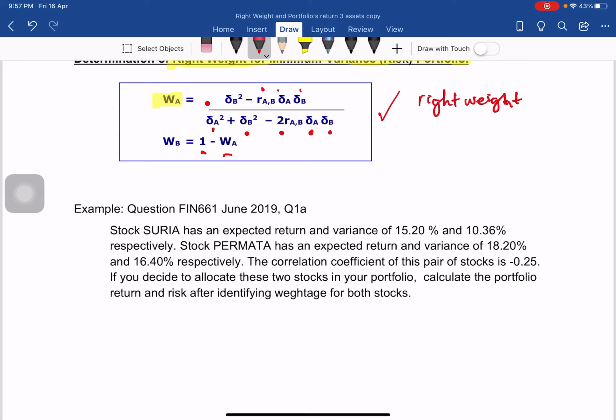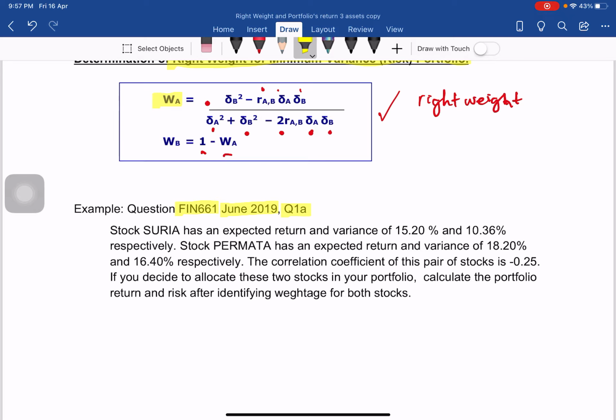So to have a better understanding of this formula, let's have a look at an example. Make sure you have this question, FIN552 June 2019, question 1A.